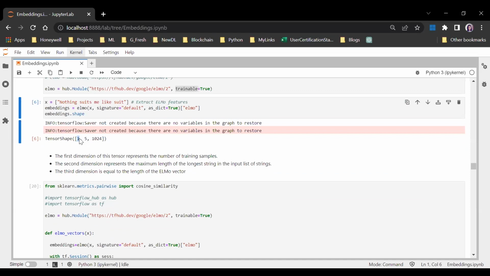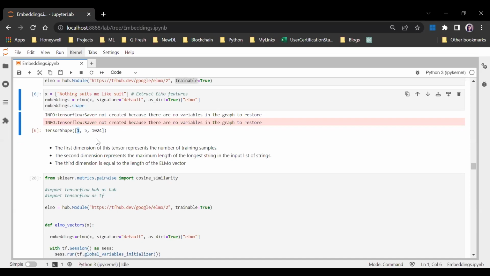Now, if there are 10 sentences in our training data set, the second dimension will represent the length of the sentence which has the maximum length. And the third dimension represents the actual vector size or the vector length. And ELMo generates a vector of length 1024. So that's what is shown here.